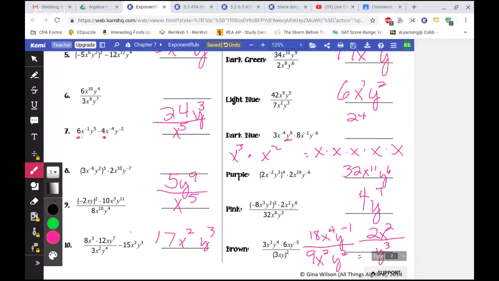How many x's do I have? 5. So this is just a shortcut.